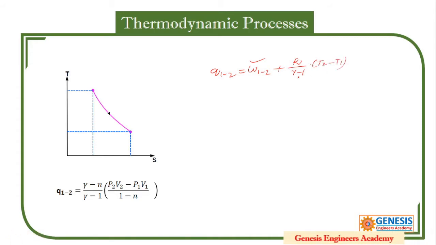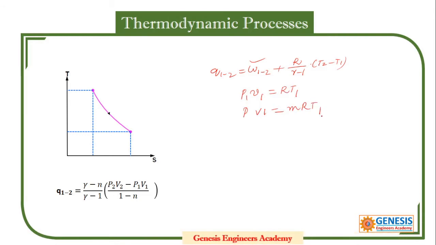Okay, and we have another equation, P1 V1 is equal to RT1, or P1 V1 is equal to mRT1. You can use either, but I am using only specific volumes. So in this case it is specific volume; otherwise it is total volume. Total volume is an extensive property. By mass it becomes a specific property, that you are well aware.